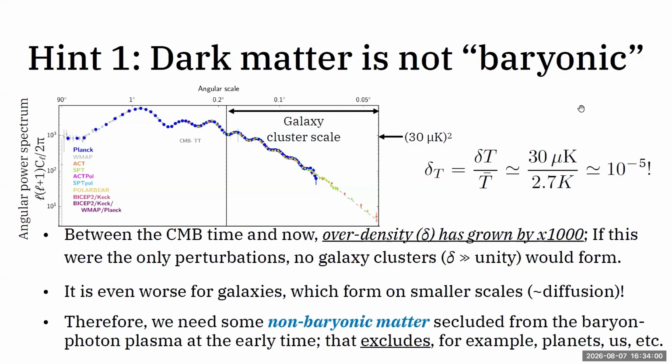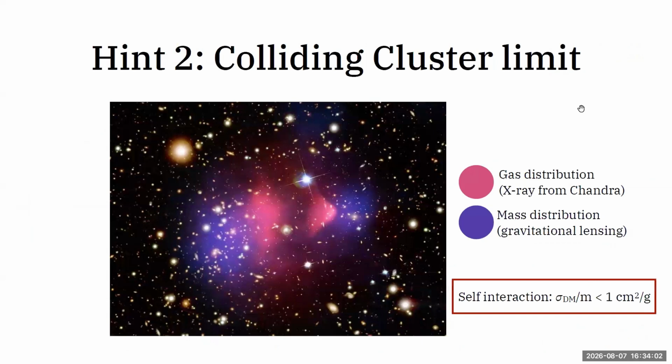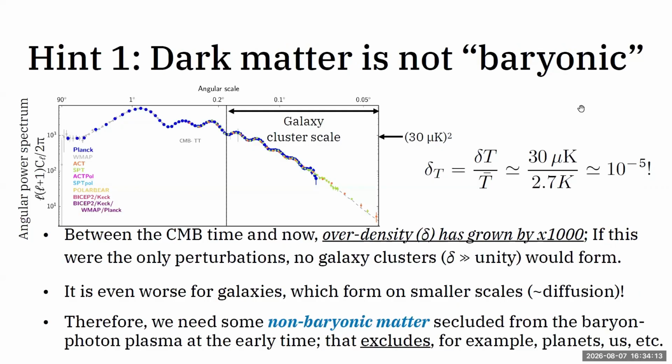Okay. The second piece of evidence is coming from galaxy clusters. This is one of the famous pictures of two colliding clusters. Understood in the previous page, what is the relation? So the galaxy cluster scale is bigger.